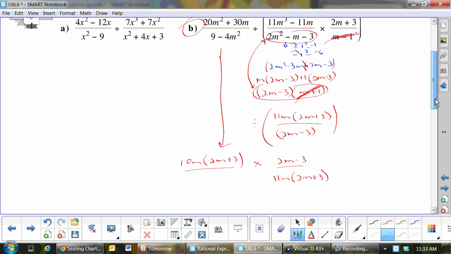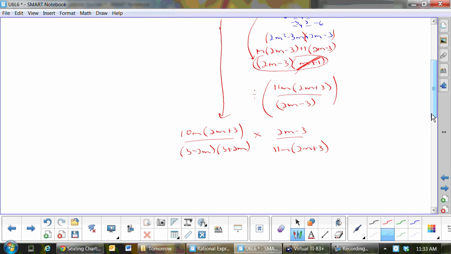You know what I'm getting? Students giving me 2m minus 3, 2m plus 3. You can see why they're doing that, right? But it's really going to mess with you. Remember, that one's backwards, so yours kind of has to be backwards too. So it is 3 minus 2m, 3 plus 2m.